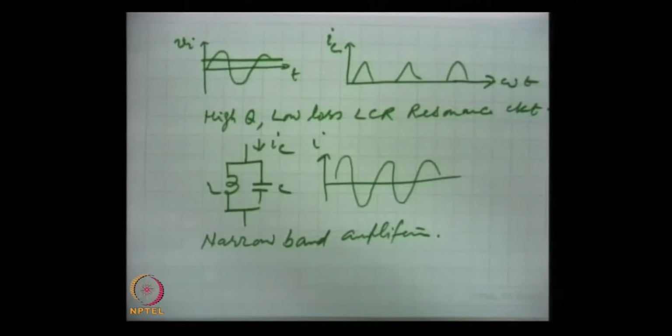So, this is the classification of amplifiers: class A amplifier, class B amplifier, AB and class C amplifier.